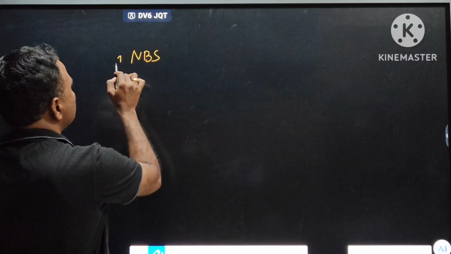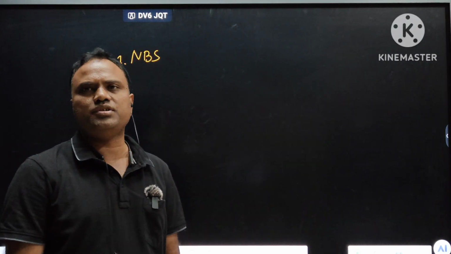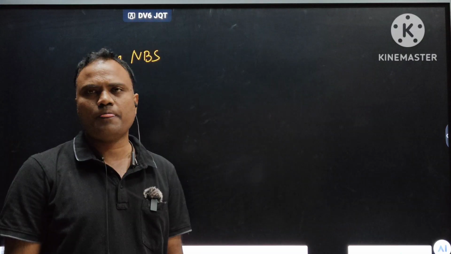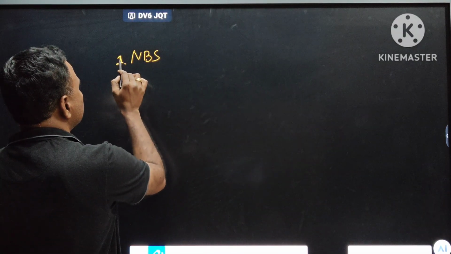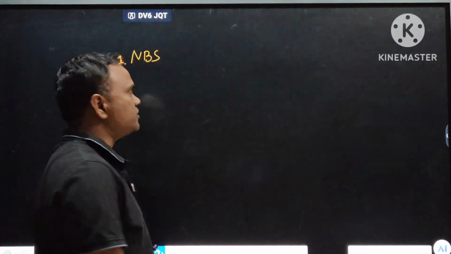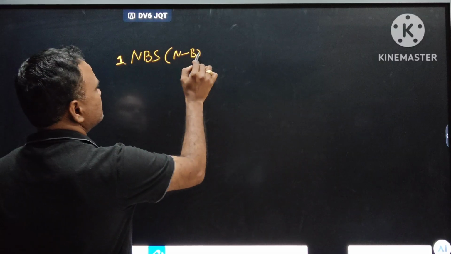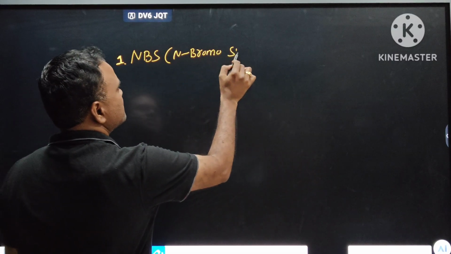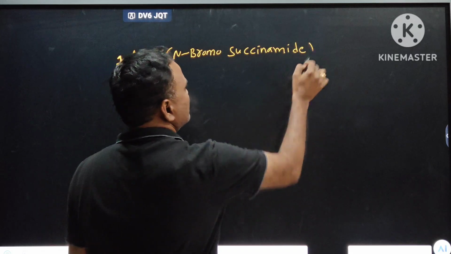NBS, the first reagent. You can keep adding reagents which release halogens at allylic or benzylic positions. NBS reagent, N-bromo succinamide. First reagent.